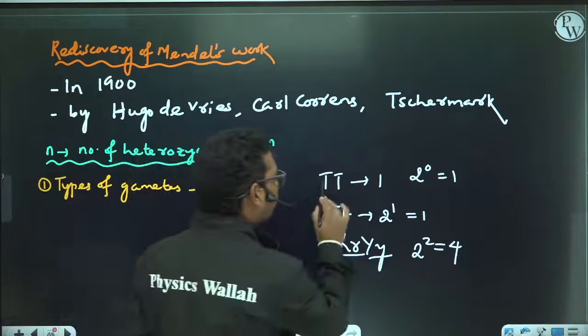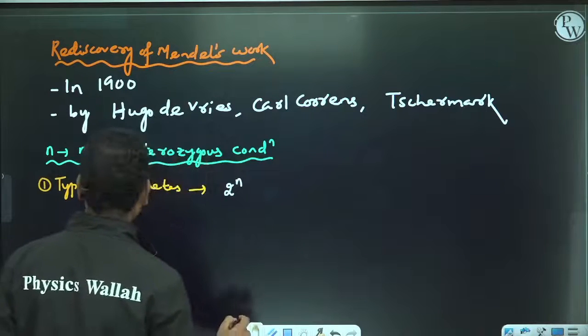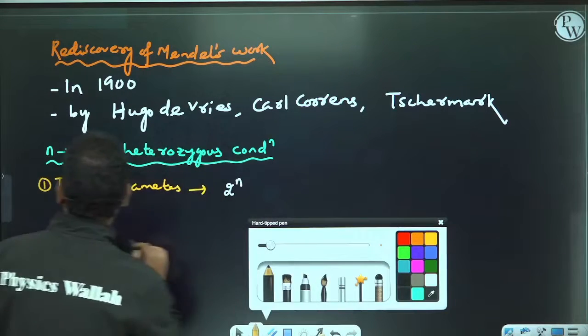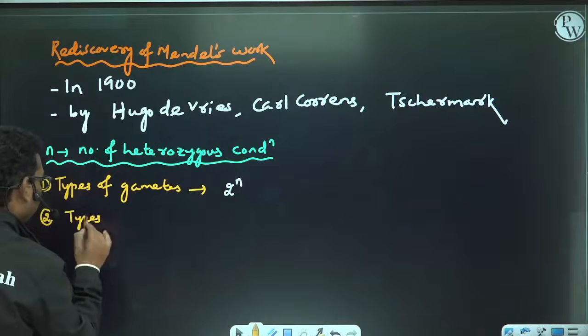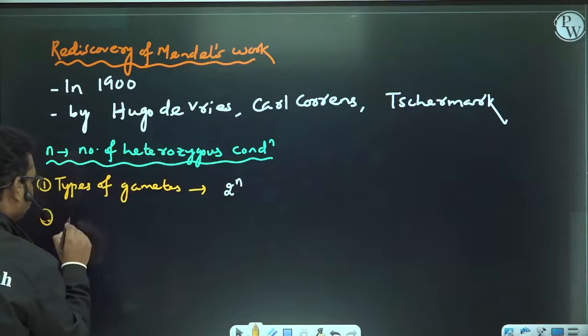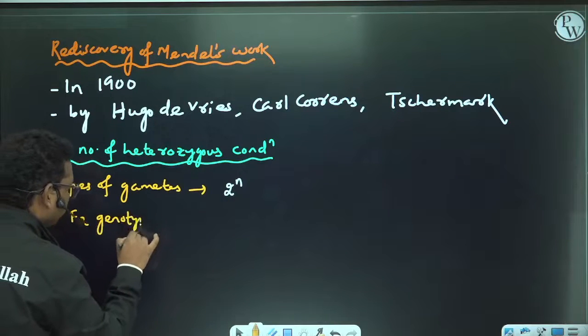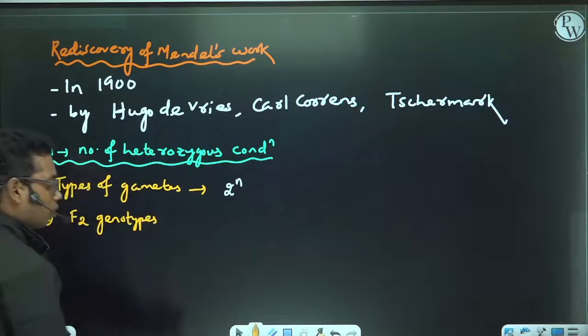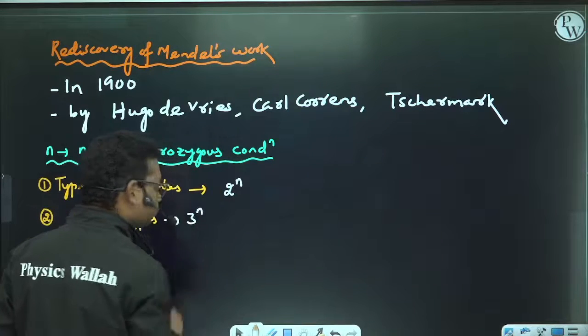Okay, now what about the F2 genotypes? Types of F2 genotypes. For this, I use the formula 3 to the power n.